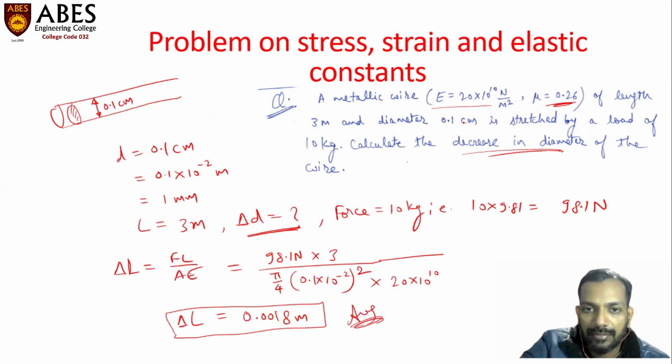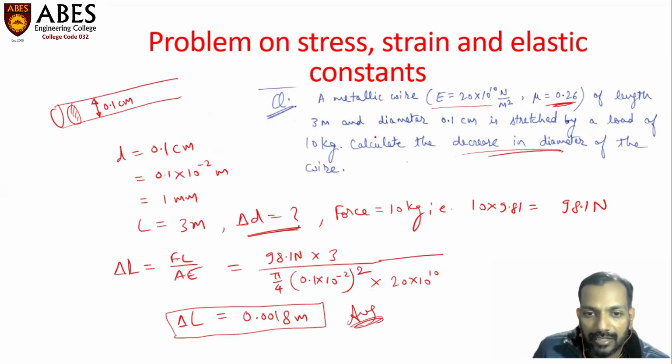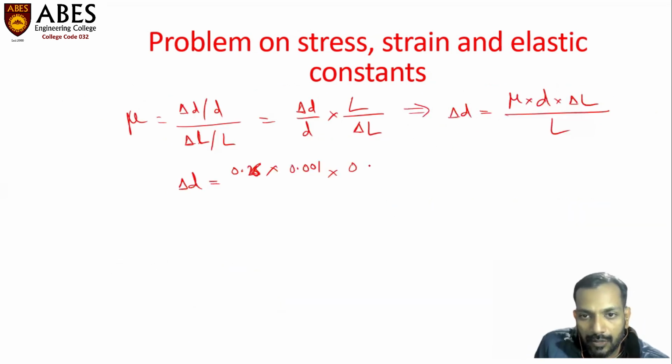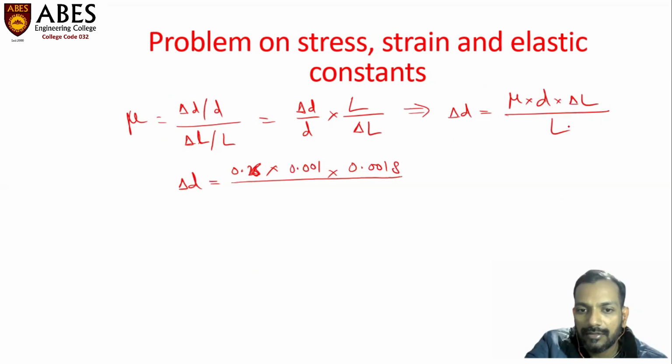So 0.1 centimeter means 0.001 meter, multiplied by delta L. We already calculated the value of delta L, 0.0018 meter, divided by length. What is the original length? The original length of this bar is 3 meters.